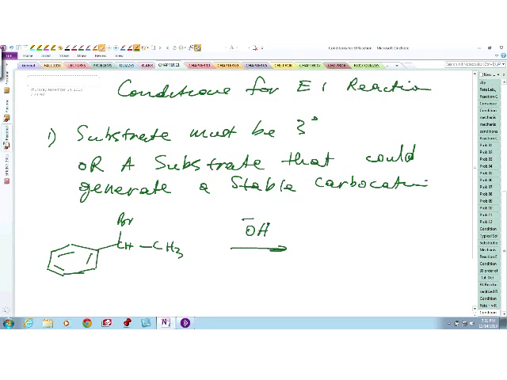If I tell you this is an E1 reaction, give the reaction mechanism. What is going to happen? You form a carbocation on this carbon. If I say this is an E1 reaction and give me the mechanism, what will be the mechanism? You lose the leaving group, you form this carbocation, which will be a benzylic carbocation.